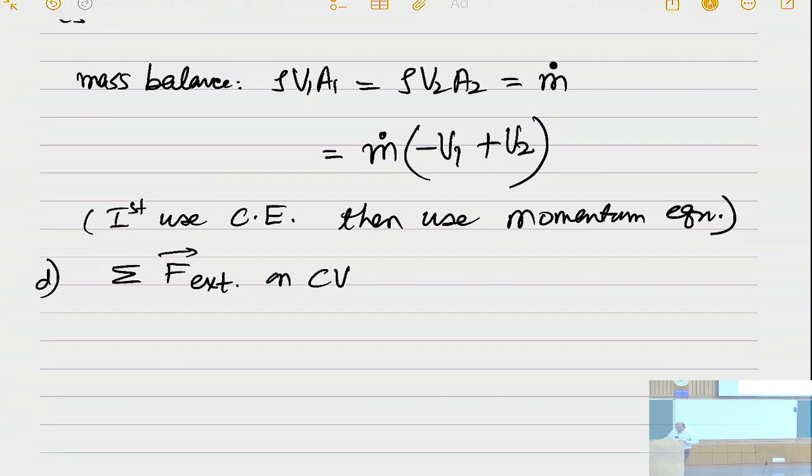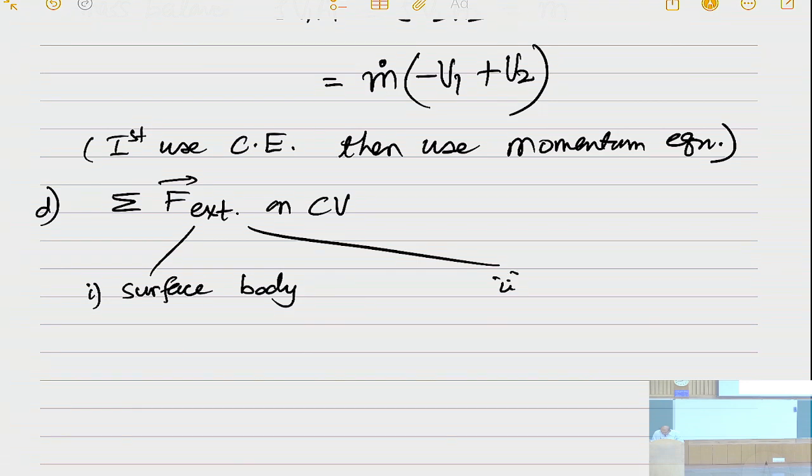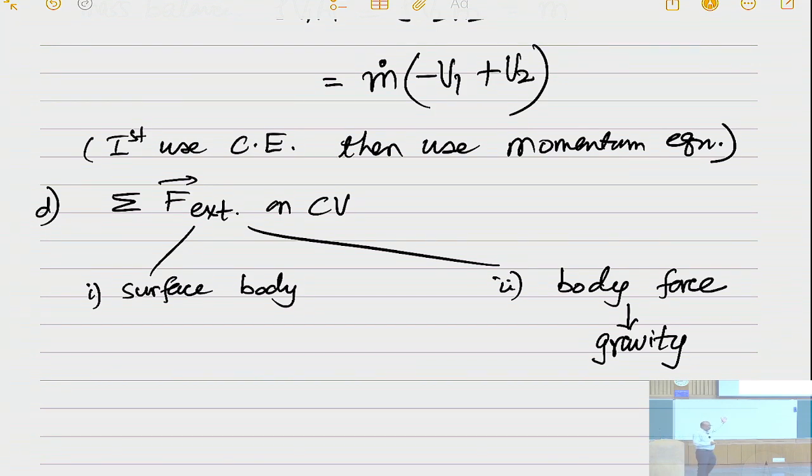Now, external forces will consist of two types. In the body force, the second term, if I take first, will basically consist only of gravity. So that means whatever weight is coming, you'll have to count it as a force on the control volume.